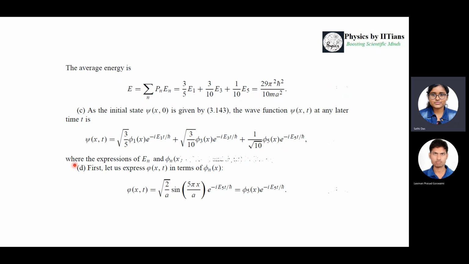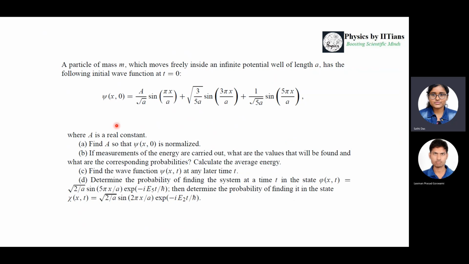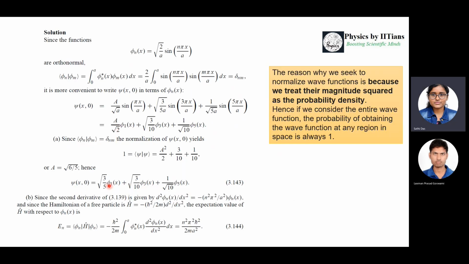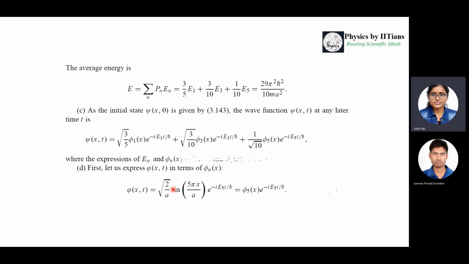So psi x comma t can be written using the initial wave function, root 3 by 5 phi 1 x plus root 3 by 10 phi 3 x plus 1 by root 10 phi 5 x. Now you have to take the time evolution factor, e to the power minus i En t by h cross, which tells you how the wave function is evolving with respect to time.